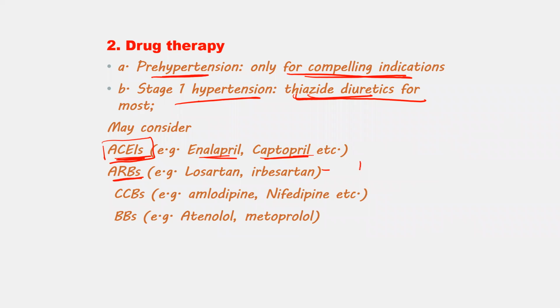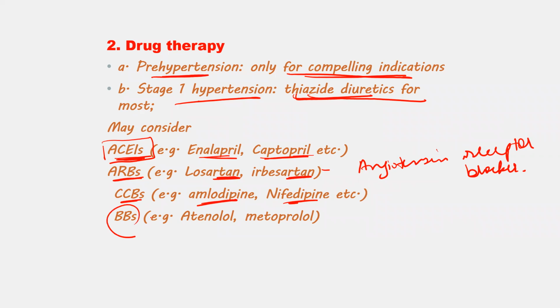ARBs are angiotensin receptor blockers, and their names end with the suffix sartan. CCBs are calcium channel blockers. In this, we will include amlodipine, nifedipine, etc. Beta blockers like atenolol, metoprolol. So all these drugs can be given in stage 1 hypertension.